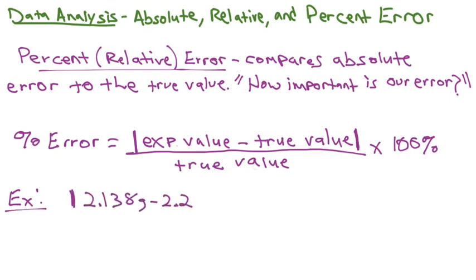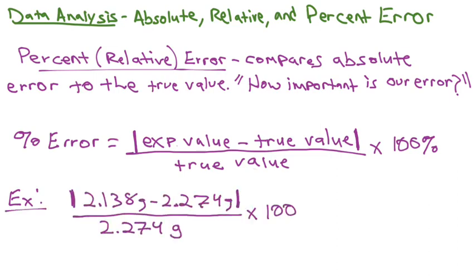So let's look at our example. 2.138 grams minus 2.274 grams, take the absolute value, divided by 2.274, multiplied by 100%, and we come up with 5.981%.